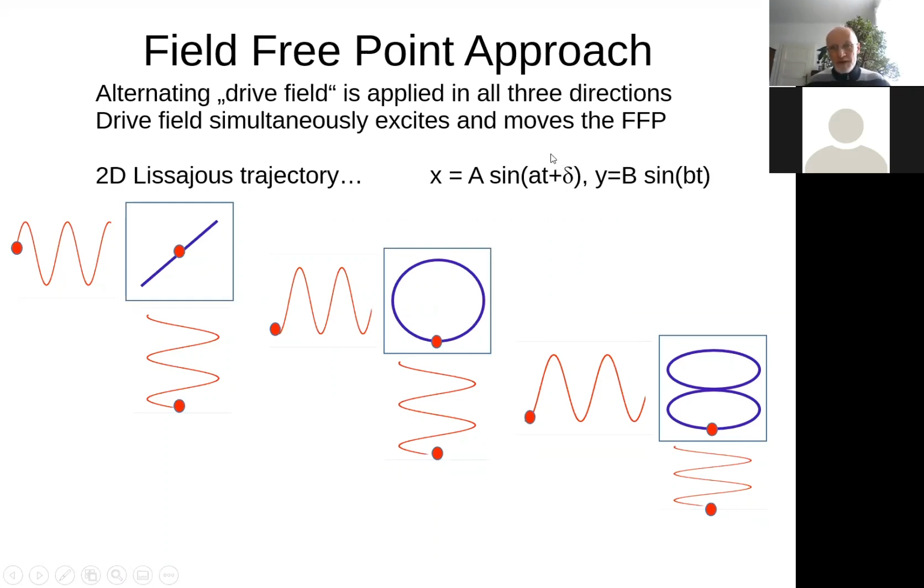So if it is a sinus, the phase is this delta between these 2 fields, and also on the A and B constants, which change the frequency of the sinus.